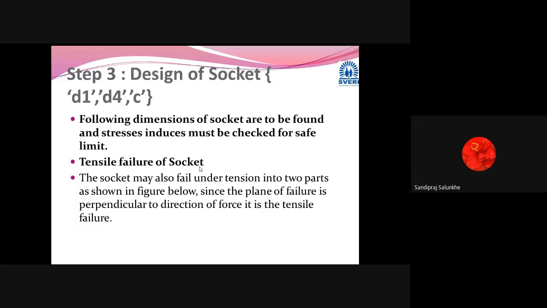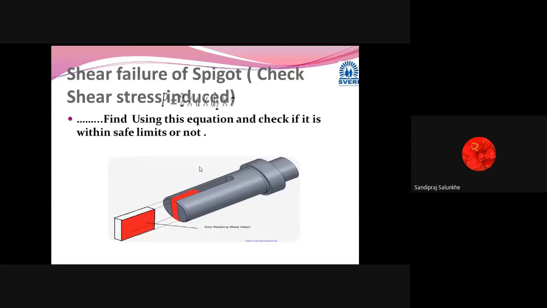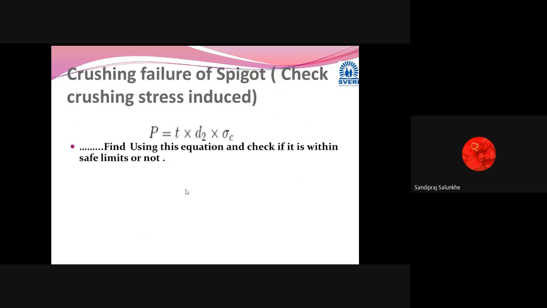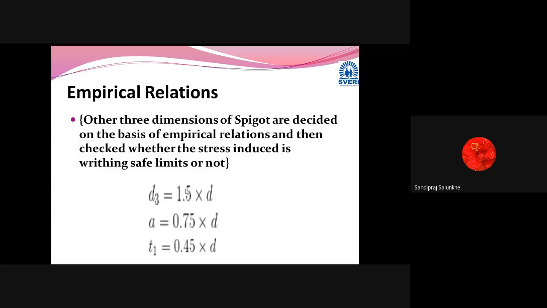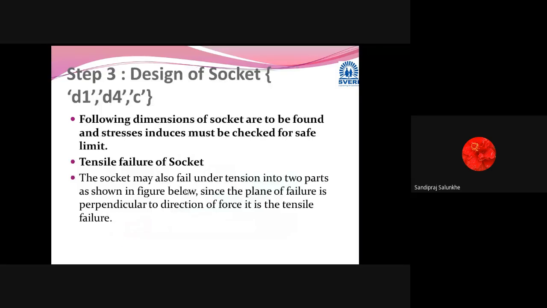So what we have seen in case of this spigot and socket joint is how to start our design, and till now we have seen the various formulas by means of which we can calculate dimensions of the spigot. And now we are going to start to design the socket.